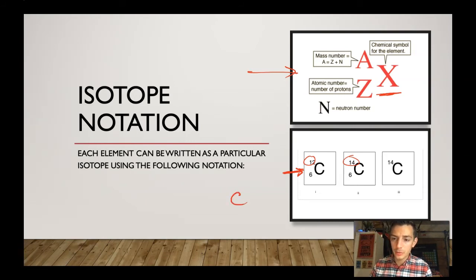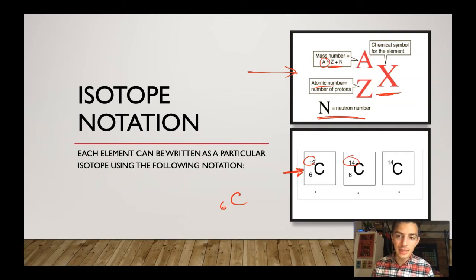So the chemical symbol, and then I put the mass number, which they're calling A. This is maybe a little bit of a confusing equation: A equals Z plus N. N stands for the number of neutrons, and Z is a very traditional way of saying proton number. In this case, carbon has 6, so Z is going to be 6.